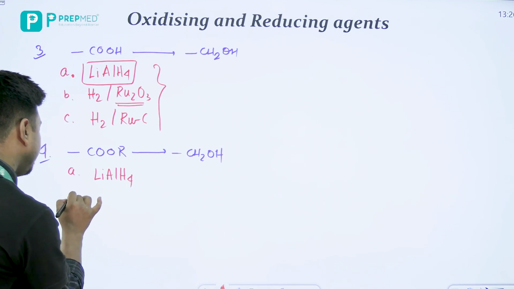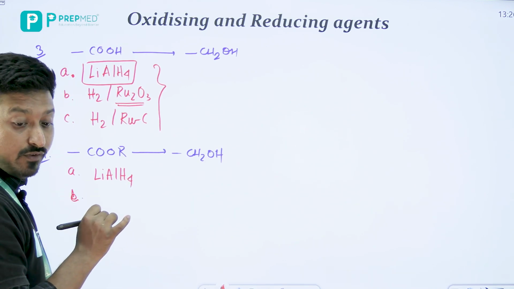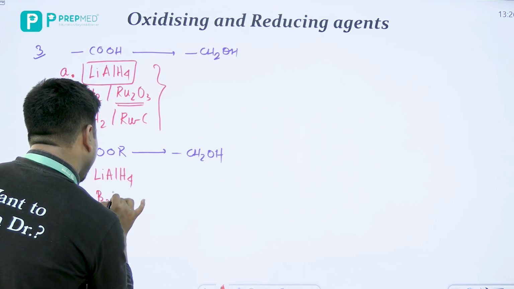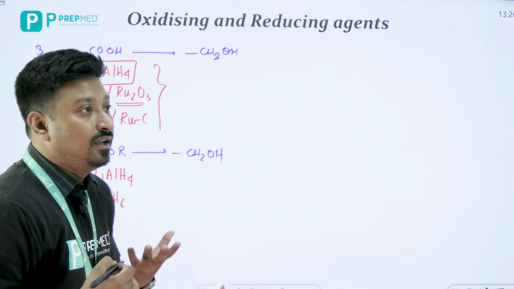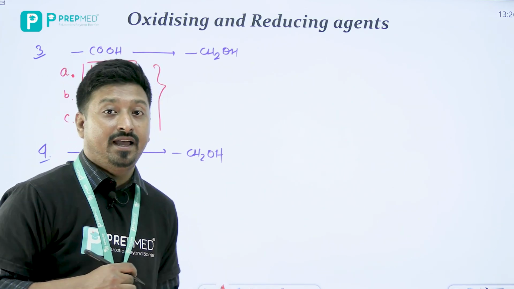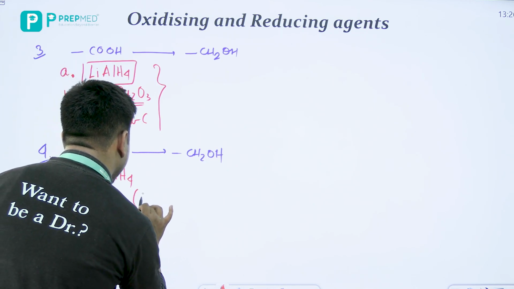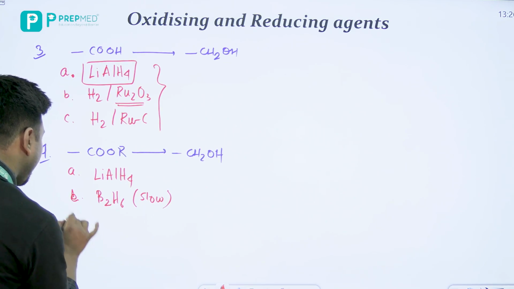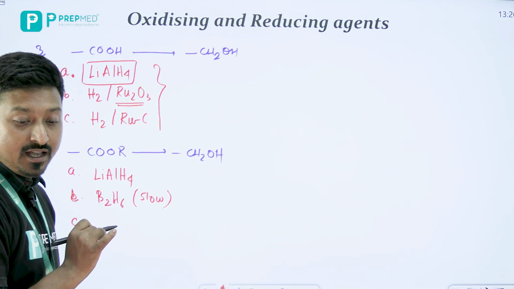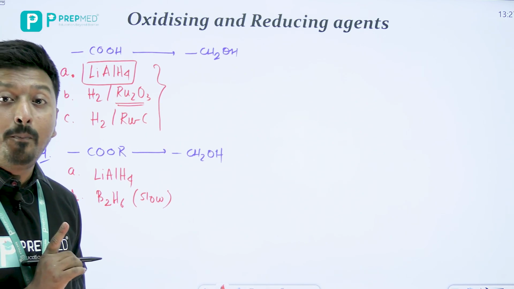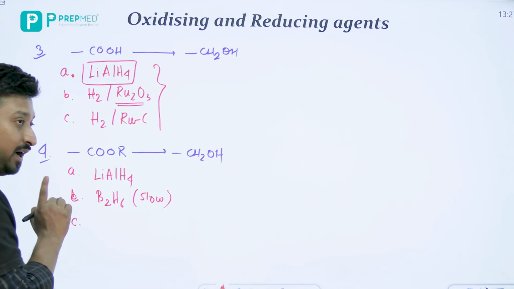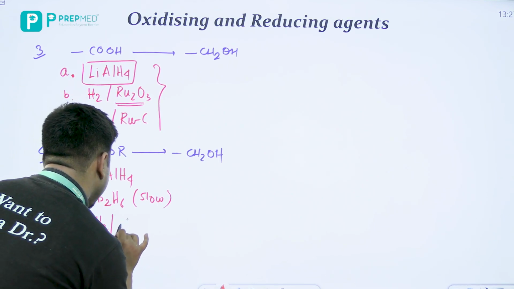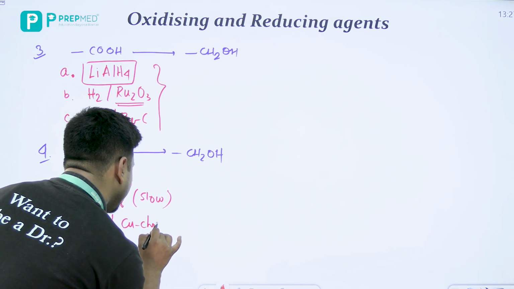Okay, now number B, what we will use here, B2H6, but this is not a proper reagent, because when B2H6 reacts, that reaction is a very slow reaction. Number C, what we use here is hydrogen in copper chromite. Hydrogen in presence of copper chromite.